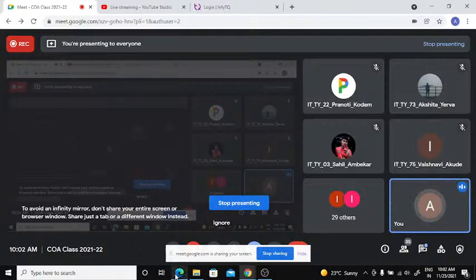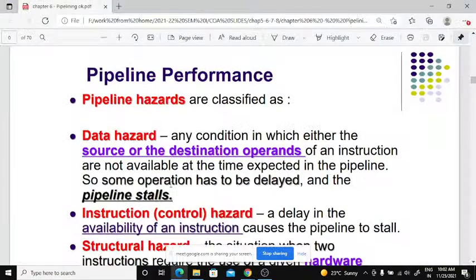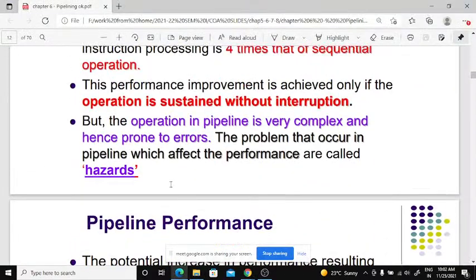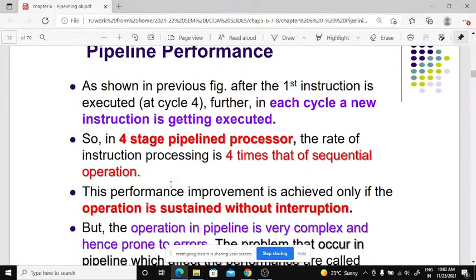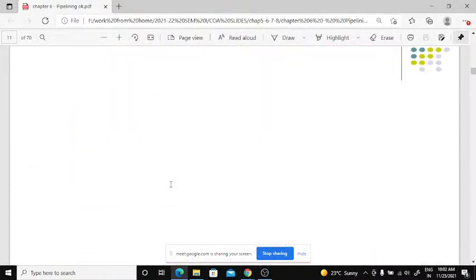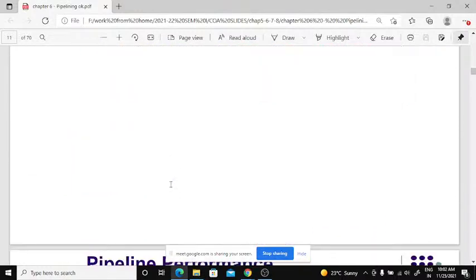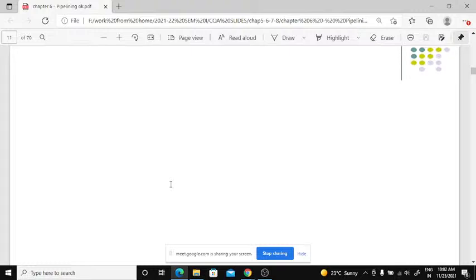As we discussed yesterday about the pipelining technique, what are the main points we discussed in the pipeline process?